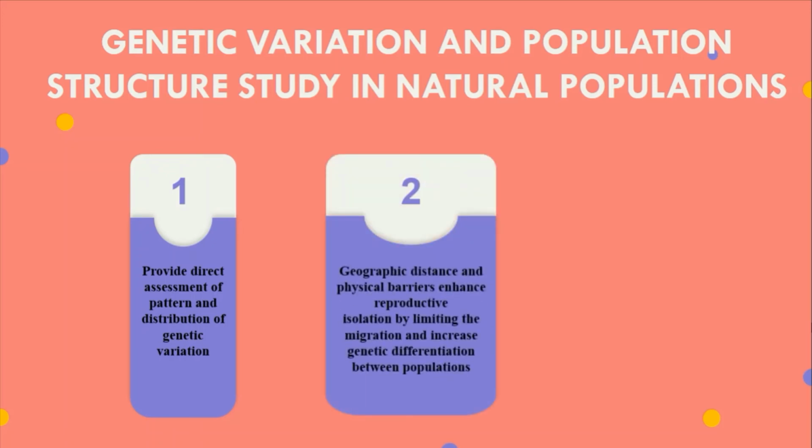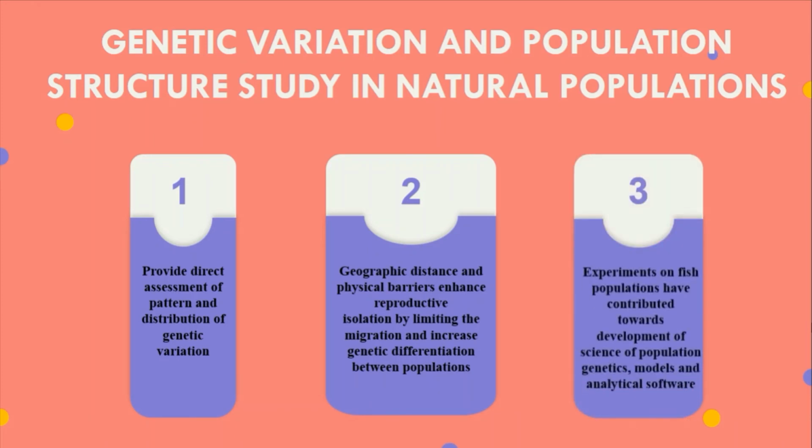Impact of migration and gene flow on genetic differentiation also depends upon effective size of the population and number of migrants. Several evolutionary forces affect the amount and distribution of genetic variation among populations and thereby population differentiation. Geographic distance and physical barriers enhance reproductive isolation by limiting migration and increase genetic differentiation between populations.